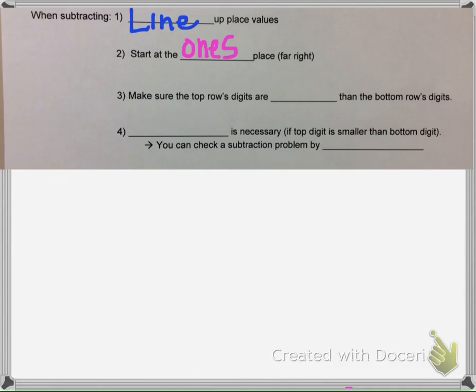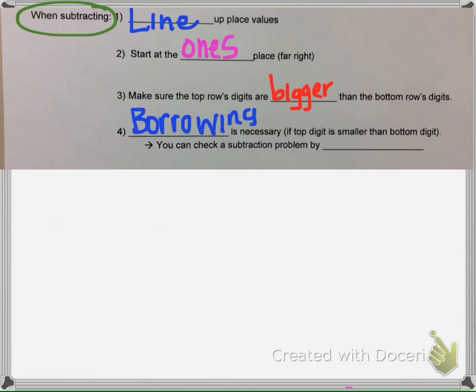So we're going to have to borrow. You're going to make sure the top row's digits are bigger numbers than the bottom row's digits. And if not, you will need to borrow. So borrowing is necessary if the top digit is smaller than the bottom digit, only for subtracting. And the nice thing about subtracting is you can always check it by using addition, and I'll show you how to do that here in a moment.